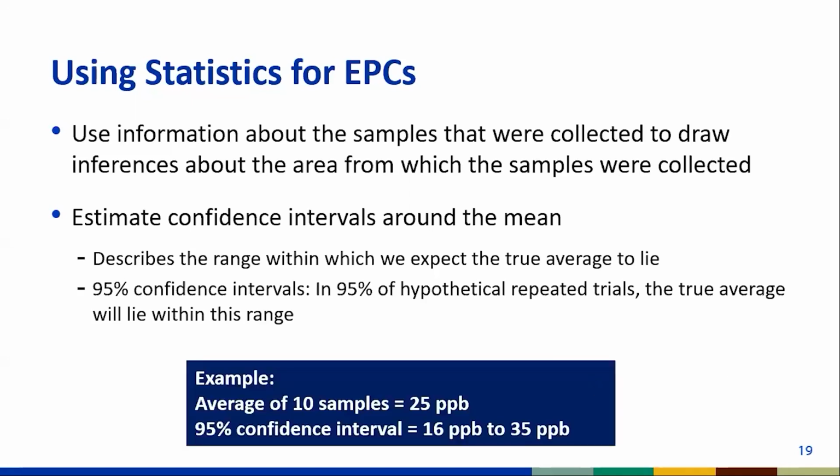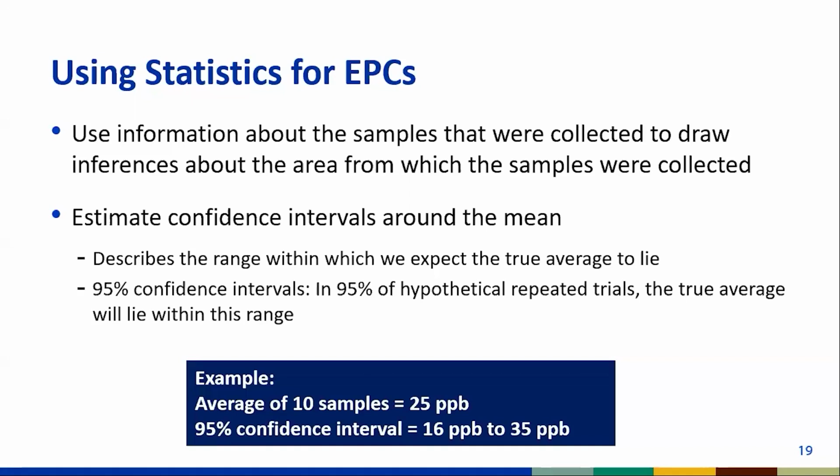As an example, let's go back to the soccer field with an average concentration of 25 ppb. Let's say that the 95% confidence interval was calculated with a range of 16 ppb to 35 ppb. This means that if we were to resample the field over and over again, the true mean would lie somewhere between 16 and 35 ppb 95% of the time.